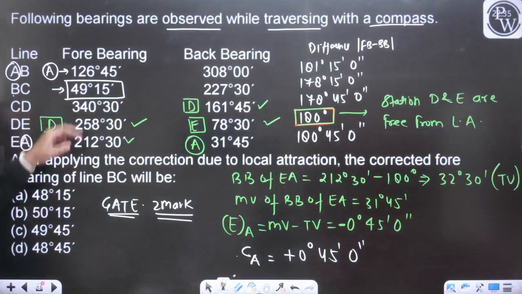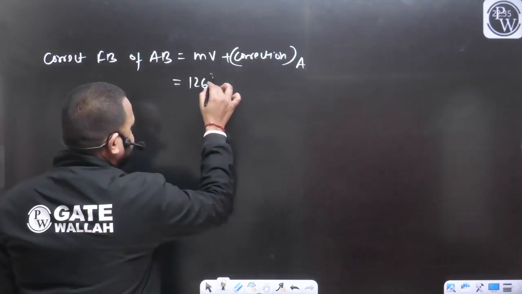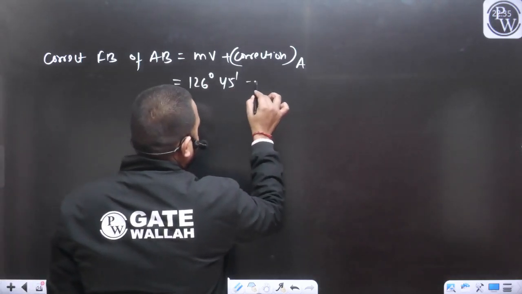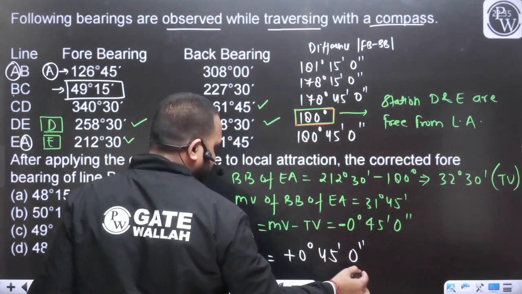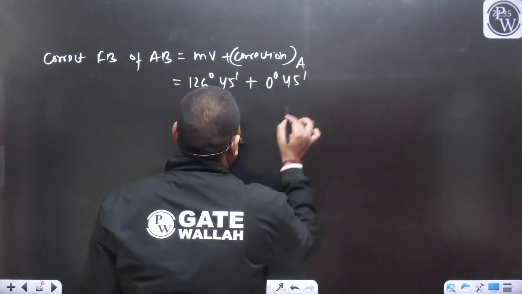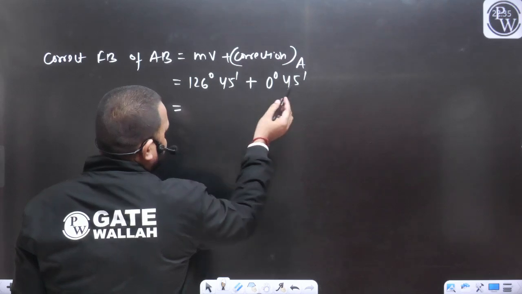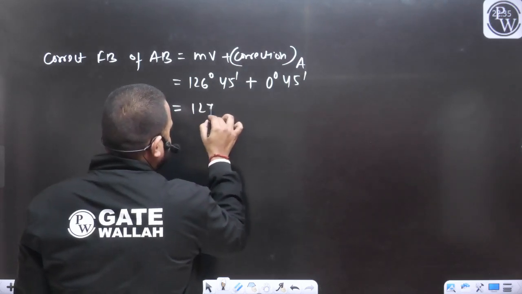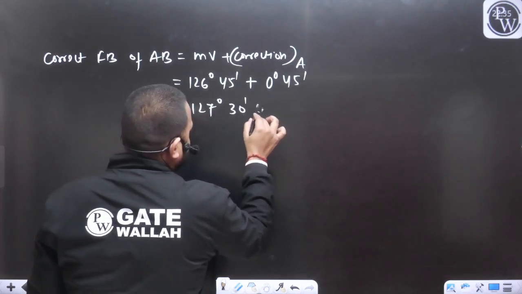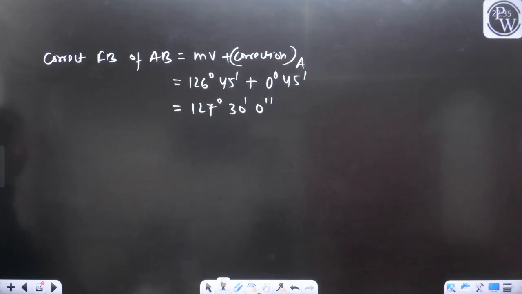The measured value is 126 degree 45 minute, plus the correction we have found, 0 degree 45 minute. So this is going to be 127 degree 30 minute 0 second. Yes or no?